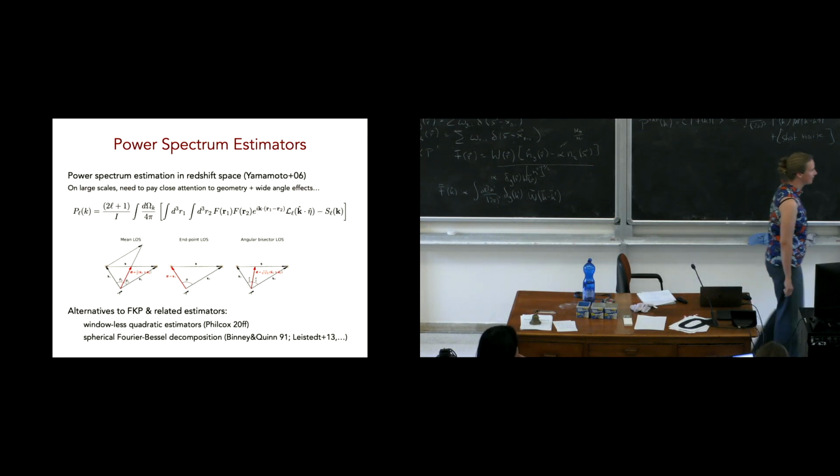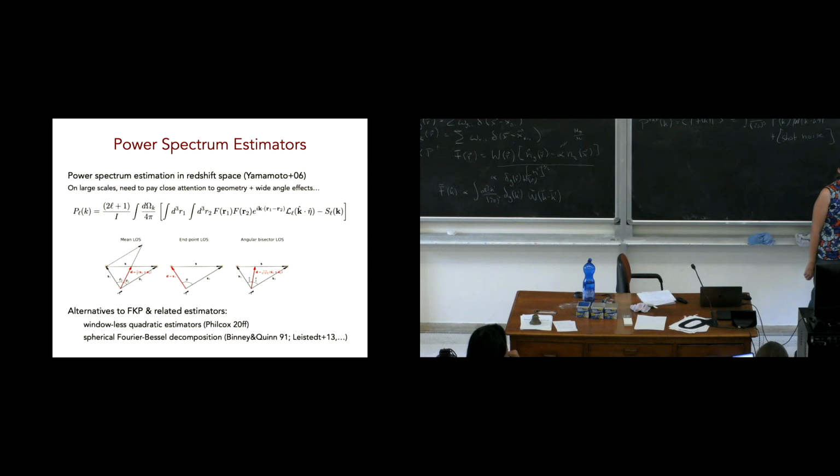But there's alternatives. So for example, there are windowless quadratic estimators that are becoming more and more widely used, so that one doesn't have to deconvolve a window afterwards.